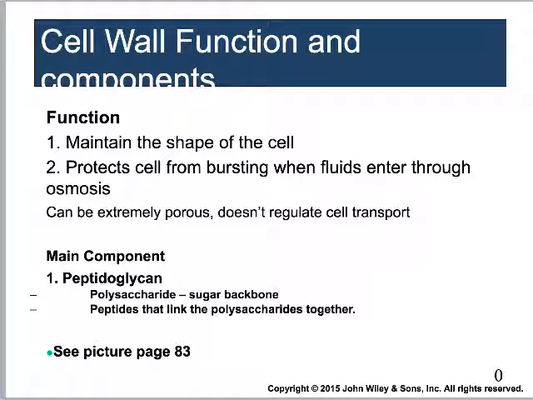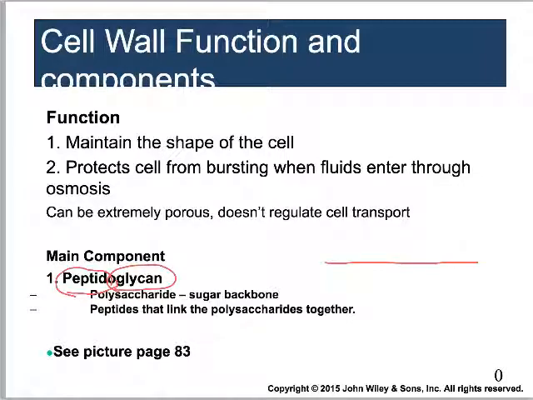Now, the main component that makes up a cell wall in bacteria is called peptidoglycan. If you look at that word, you could figure out some things about it. Peptido would be peptides or proteins, and glycan would be sugars. So peptidoglycan is a polysaccharide.